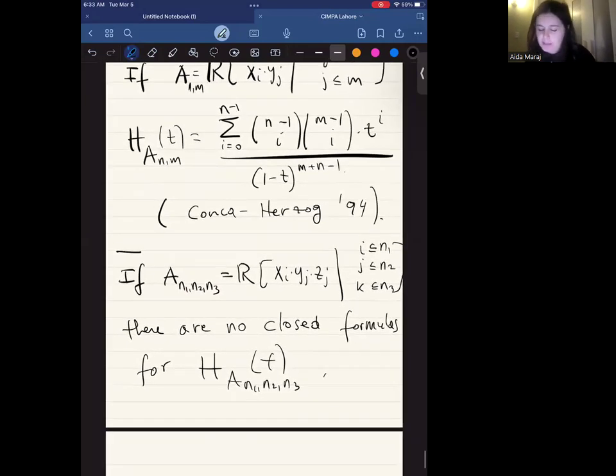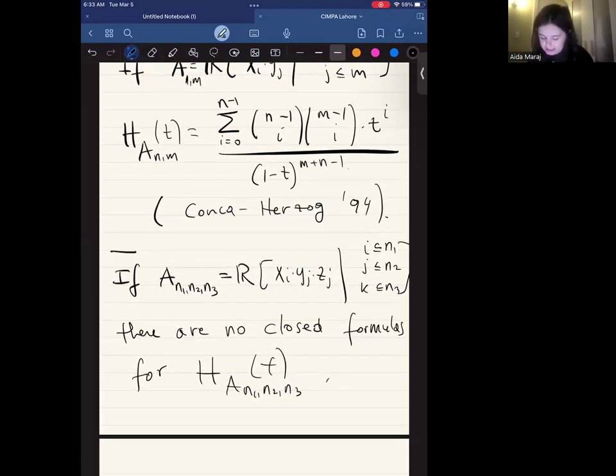However, the claim now is that maybe if we study all these algebras all together, we may have hope.